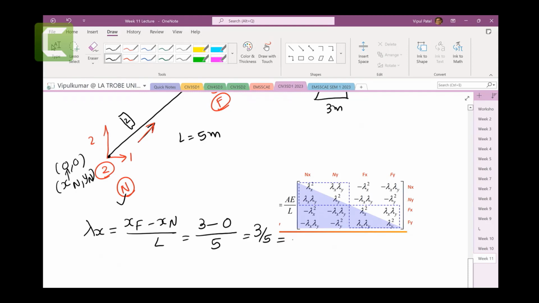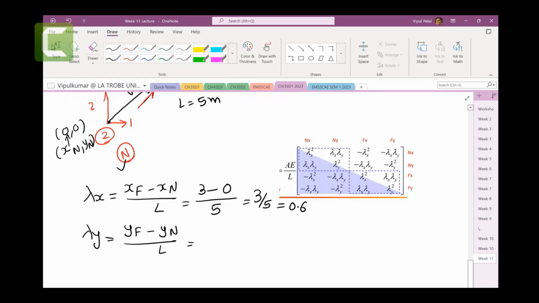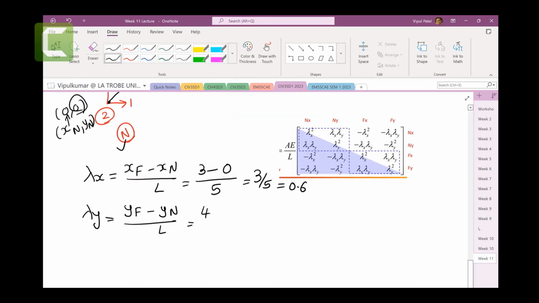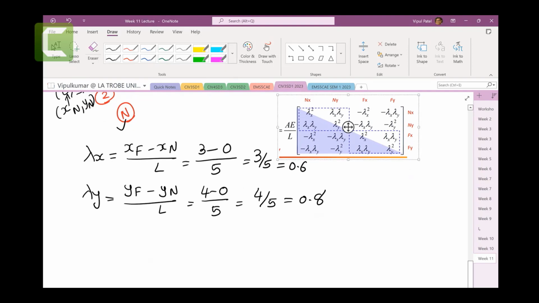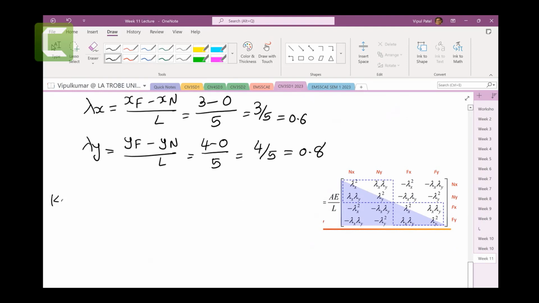So 3 over 5 equal to 0.6. Lambda y is y far minus y near over length. So y far is 4, near is 0. 4 minus 0 over 5. 4 over 5 equal to 0.8 using the calculator. Now we can use the same equations here and plug the value. So K2 is equal to AE on L lambda x square.